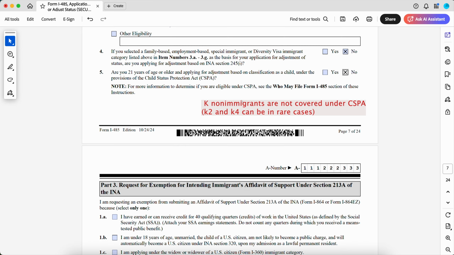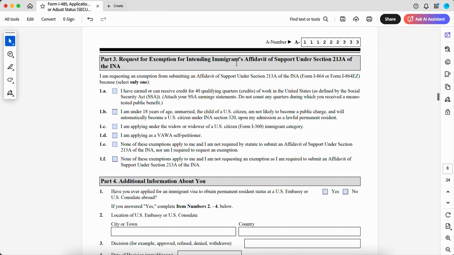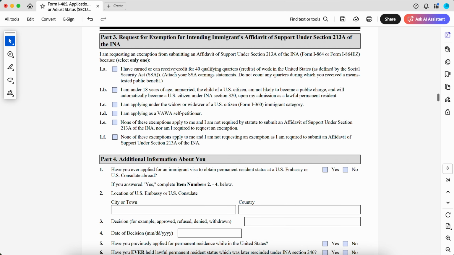Then Part 3, request for exemption. Request for exemption for intending immigrants' affidavit of support under Section 213A of the INA. Affidavit of support is something that your fiance had to fill out.